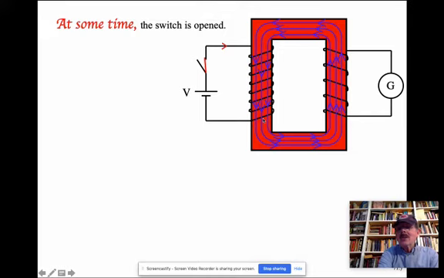So it's trying to slow that increase, because that's what Faraday's law and induced EMFs do. They oppose the change. That's what Lenz's law was all about, how the induced EMF and the induced current is fighting the change that produces the effect.